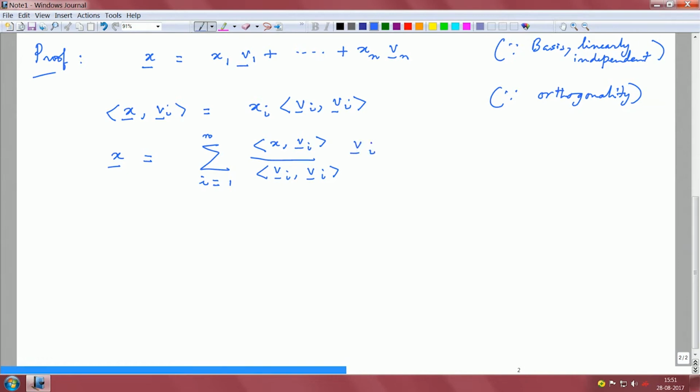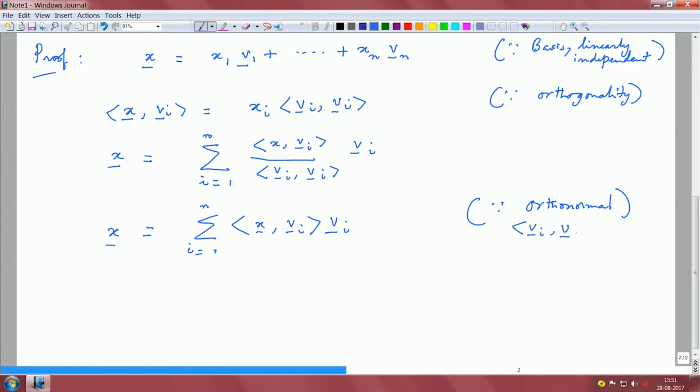Now, this can be more compactly written in this form, sum over i equals 1 to n of x with vi in the direction of vi, if they are orthonormal, that is, vi dot vi is 1 and vi dot vj is basically 0. Of course, we assume that here and then we just normalized it, and this is pretty straightforward.